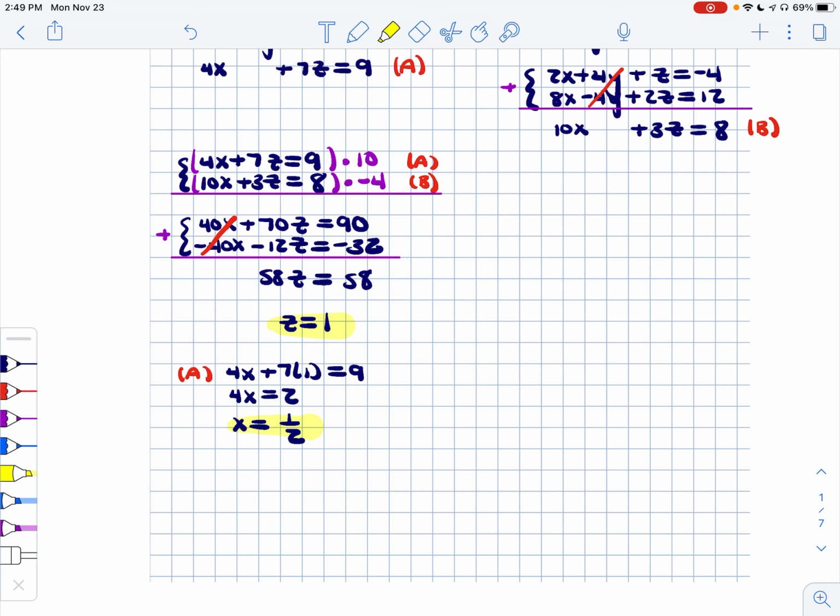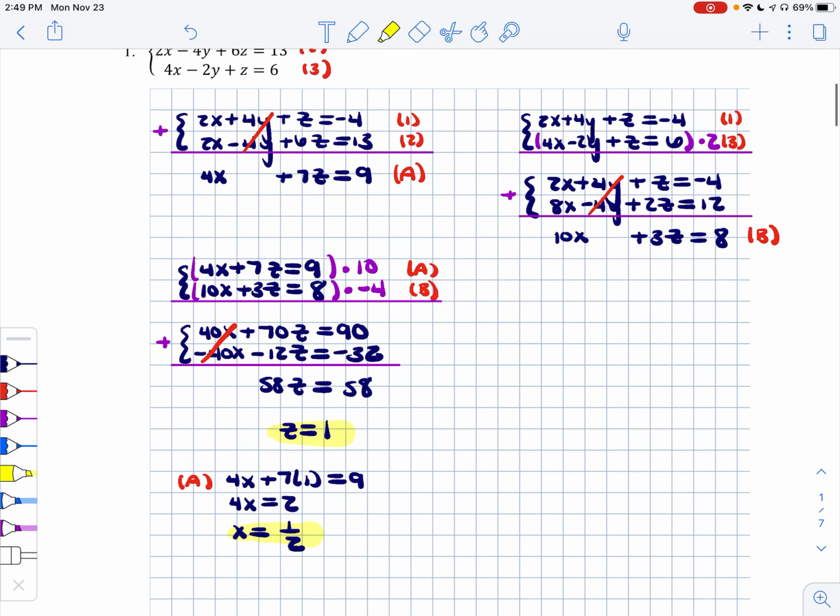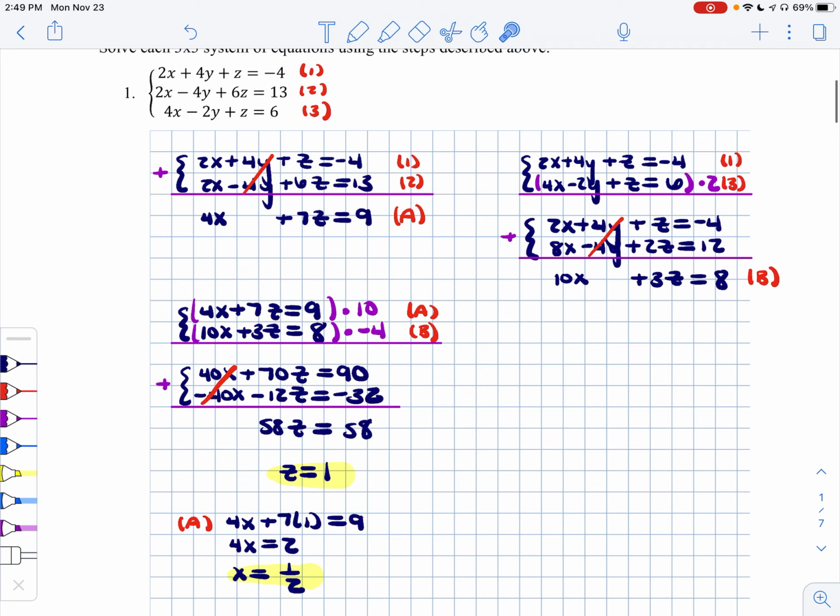Then we have one more variable to solve for, and to find that, we go back to one of our original three equations, 1, 2, or 3, and we plug in both the z equals 1 and the x equals 1/2 that we found. It doesn't matter whether you choose equations 1, 2, or 3, you're going to get the same answer no matter what.